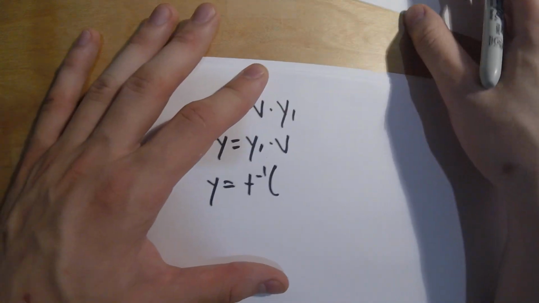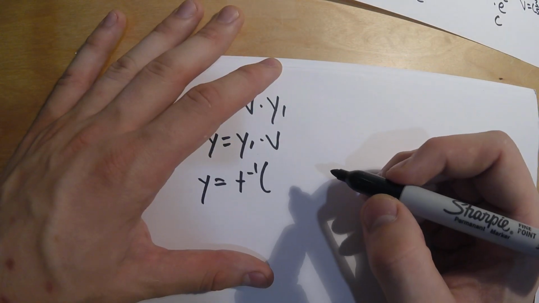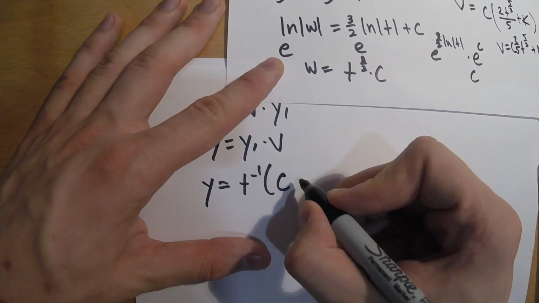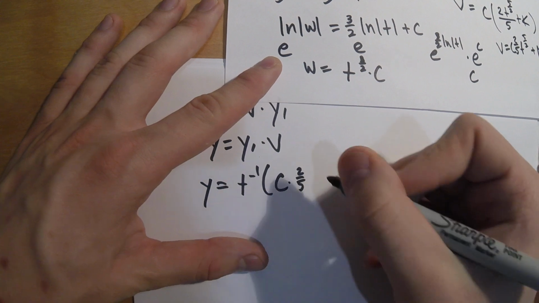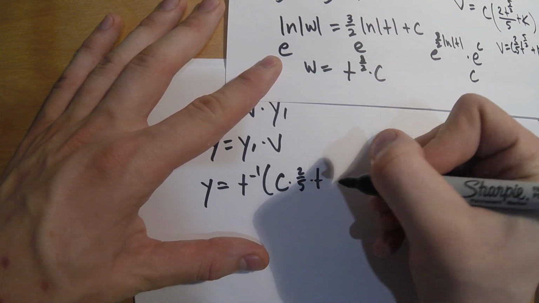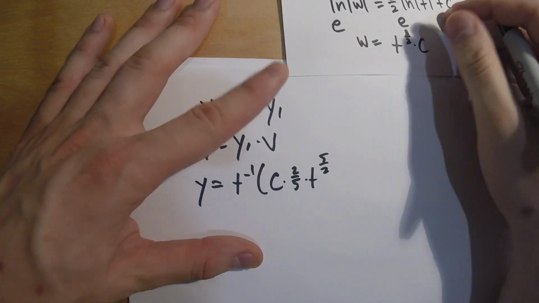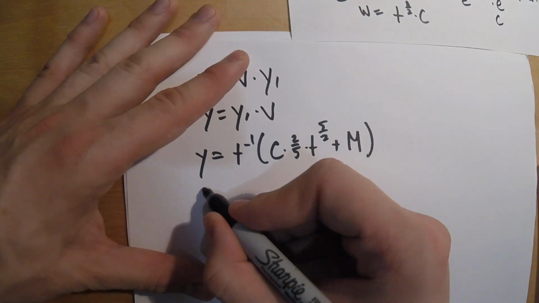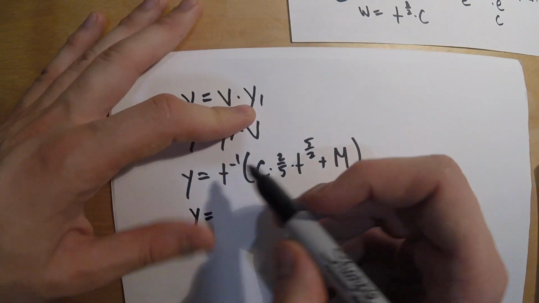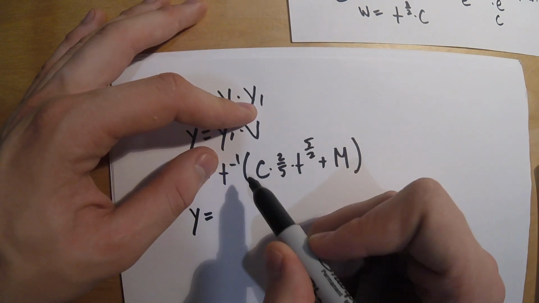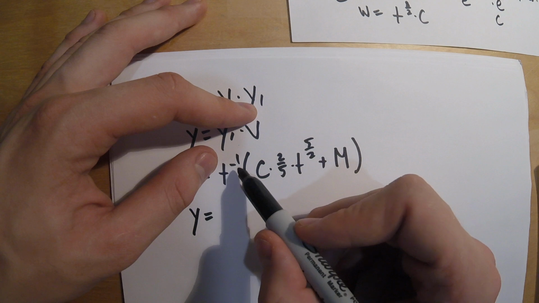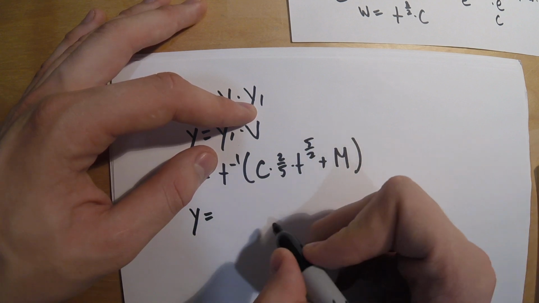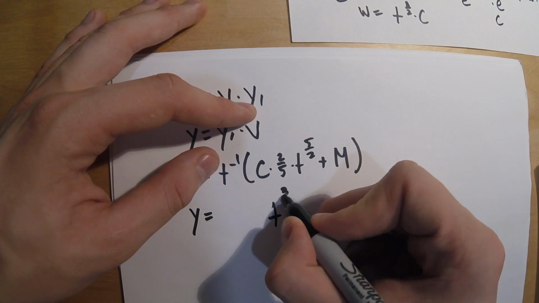We said our v was c times 2/5 times t to the 5/2 plus m. Okay, so then if we distribute, what happens here? When we multiply, we subtract 1 from the exponent, and 1 is 2/2, so it's going to be t to the 3/2.